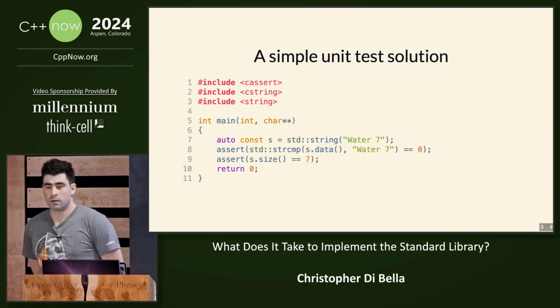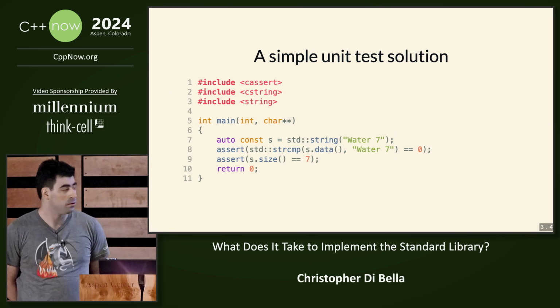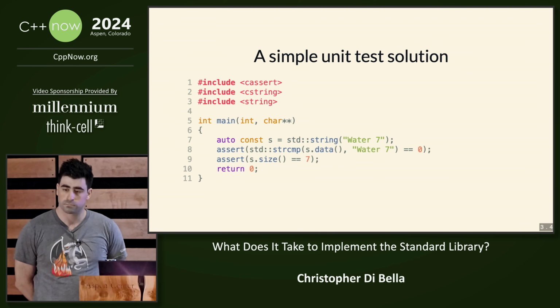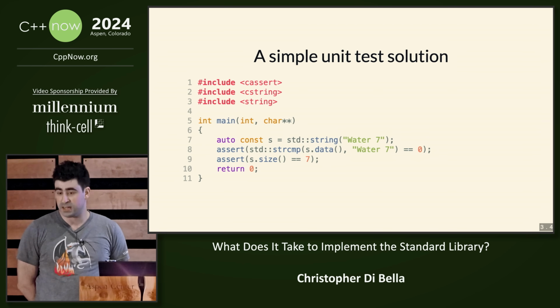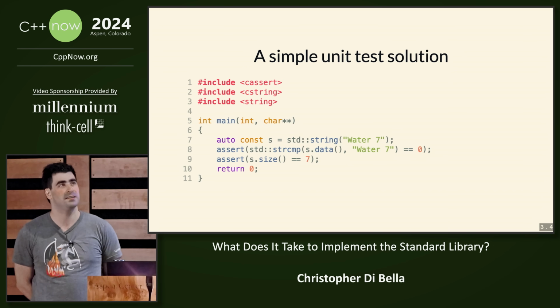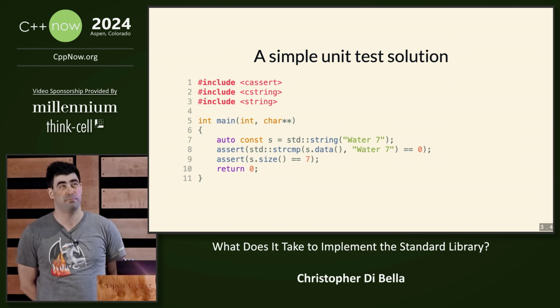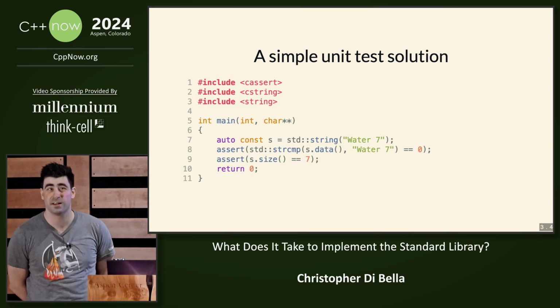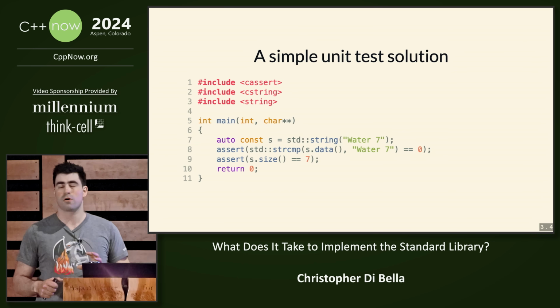Question? One problem I found with trying to do testing with asserts is accidentally compiling in release mode instead of debug mode. That is indeed a problem, yes. So the way in which I think libc++ does it, and possibly MSVC's STL, is that there is no real concept of release modes.